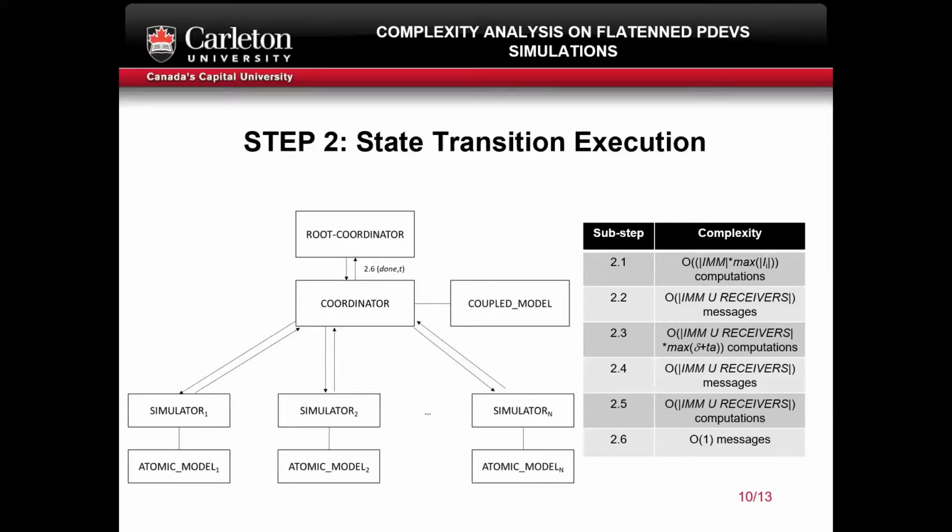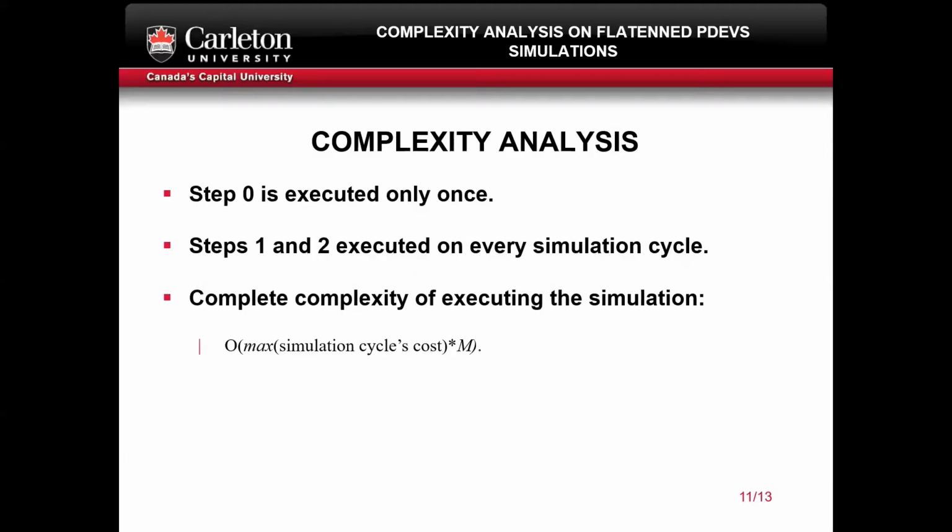Something important for the complexity analysis: we saw that step 0 is executed only once, meaning that the maximum complexity of its substeps will be the complexity for this step. However, steps 1 and 2 are executed on every simulation cycle, meaning that they can execute many times.